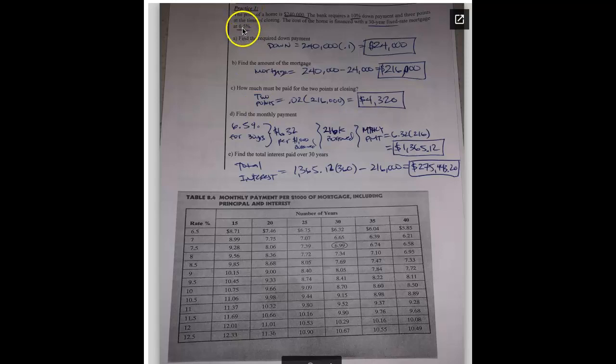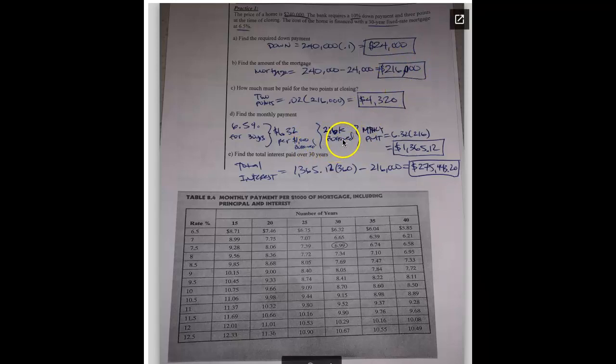And then the monthly payment. Well, this loan was 6.5% for 30 years. So if you look at the table, 6.5% 30 years, which we can see here, it's only 6.32. It's a little less per thousand borrowed. And that makes sense because it's a lower rate than the 7.5 from the previous problem. So 6.32, and I noted that here. And the loan amount, 216,000.